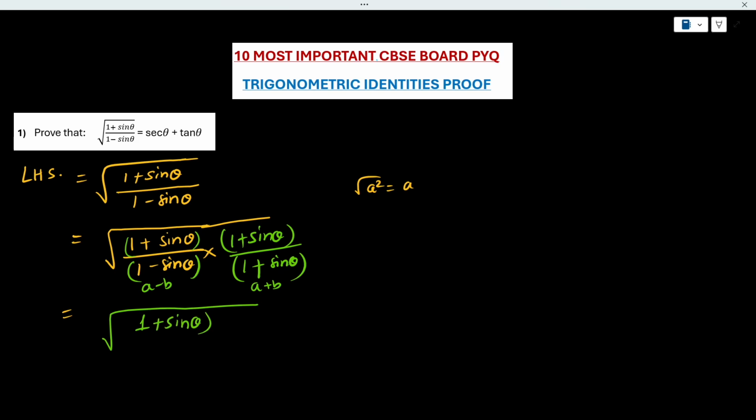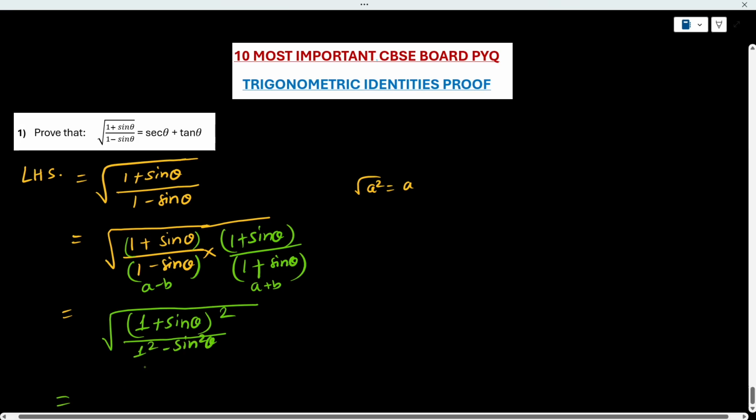This is 1 plus sine theta, and this is also 1 plus sine theta, so we write it in the whole square form. And the denominator becomes 1 square minus sine square theta.